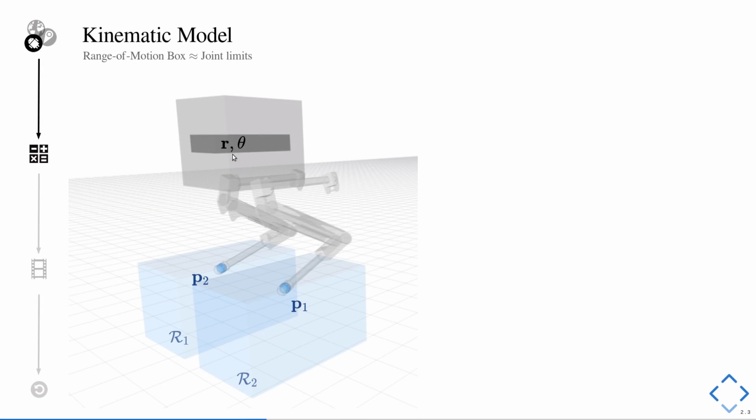We formulate this by saying that while the optimization algorithm is changing the base position and orientation, as well as the foothold positions, foothold 1 and foothold 2 in X, Y, Z, at every point in time it has to make sure that the foothold positions are inside the blue boxes that move relative to the base position and orientation. If the feet are inside these blue boxes, then this is an approximation that the joint limits of the legs are not violated. This is a very rough approximation, but it keeps everything in Cartesian space and is nice to formulate.